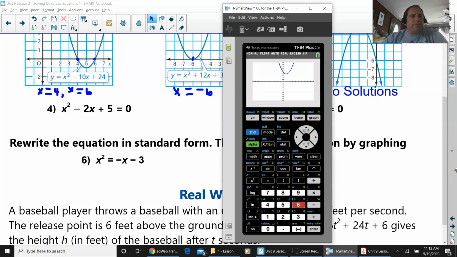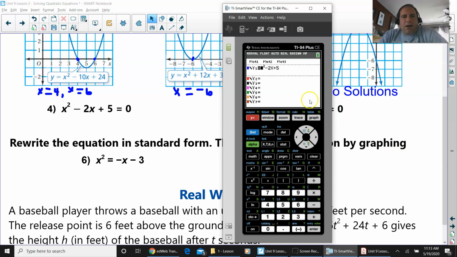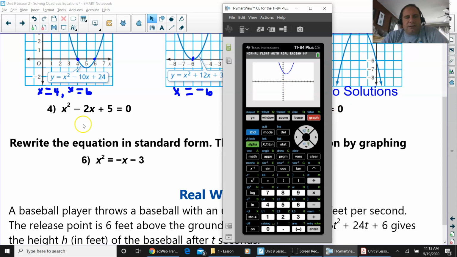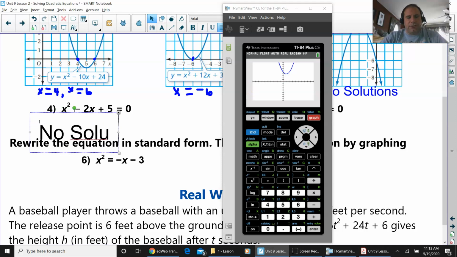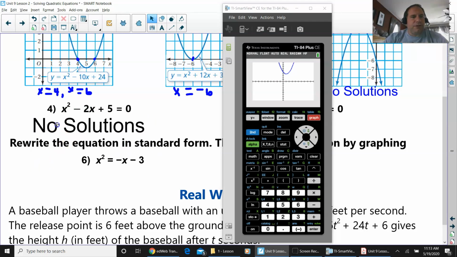Yep, so x squared minus 2x plus 5 is that right there, that quadratic. I put that into the calculator and it does not touch that x-axis at all, so this is no solution. No solutions.